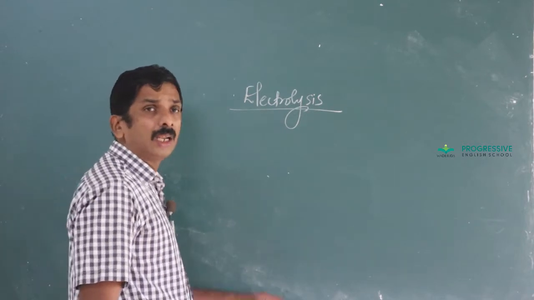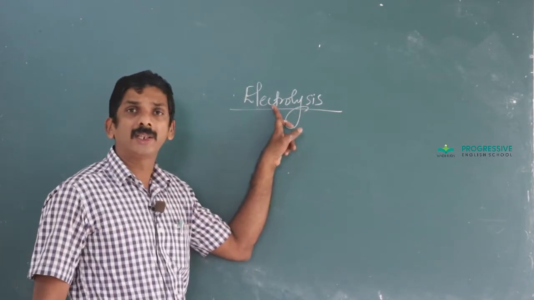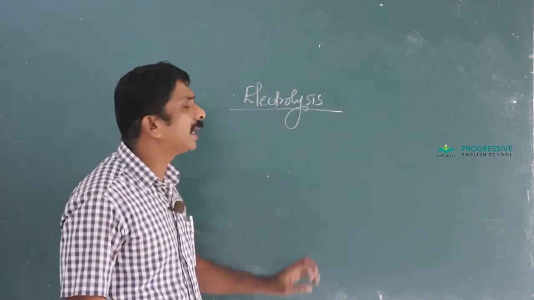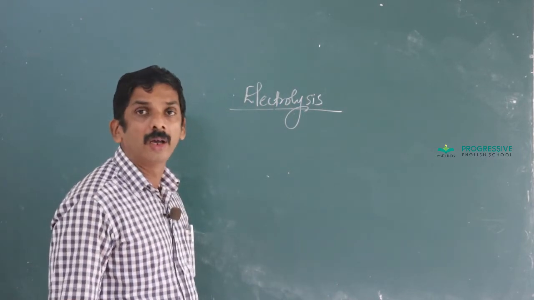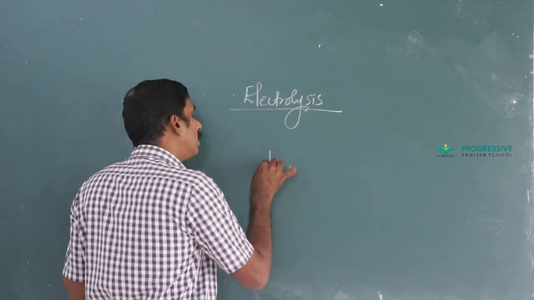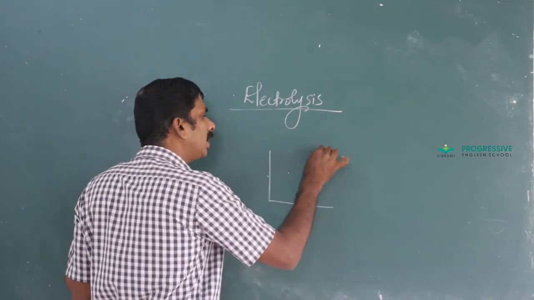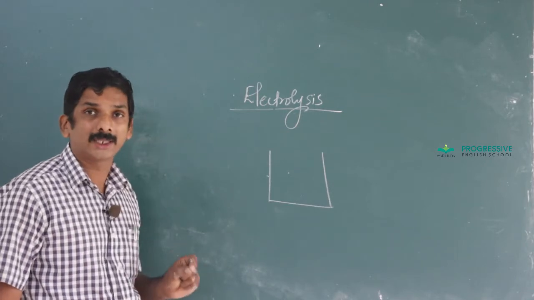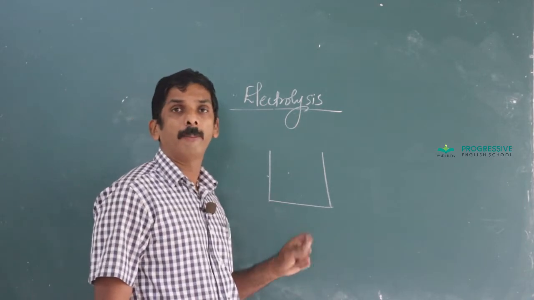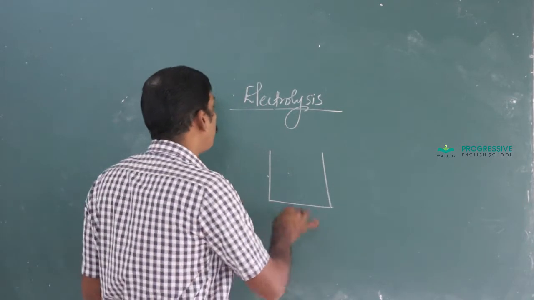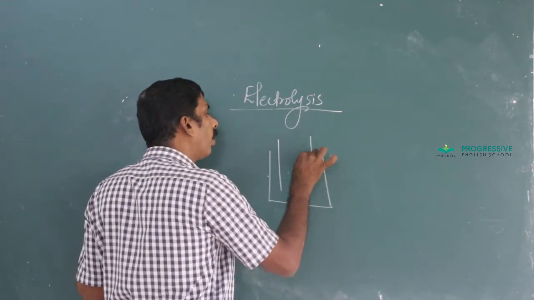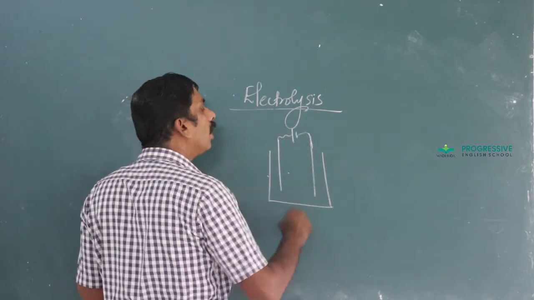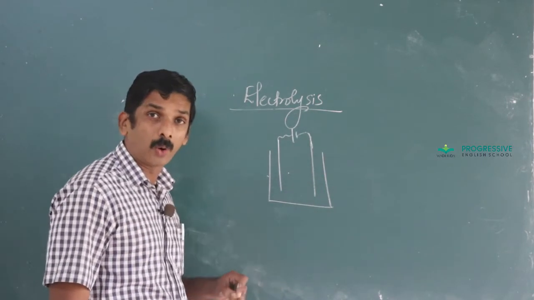Electrolysis: the word electro means electricity, lysis means splitting. Splitting using electricity is called electrolysis. The electrolysis is normally conducted in an electrolytic cell. There are two metal rods which help to connect with the external circuit, called electrodes.